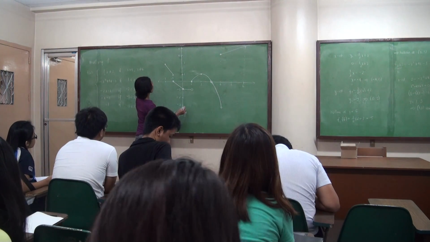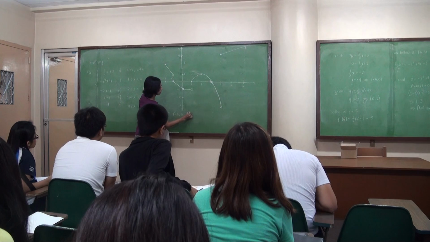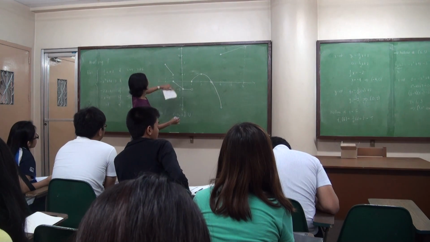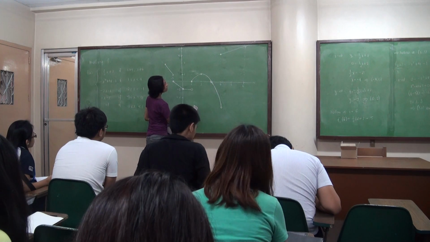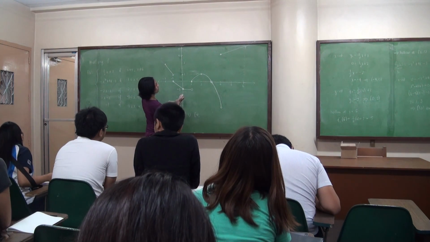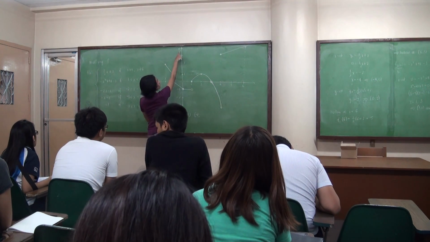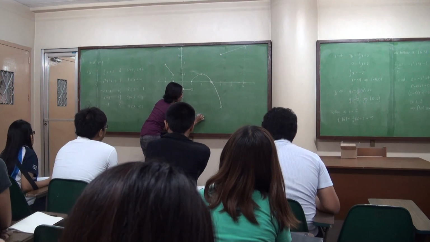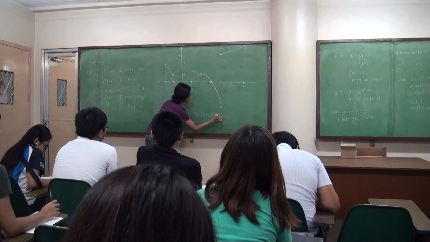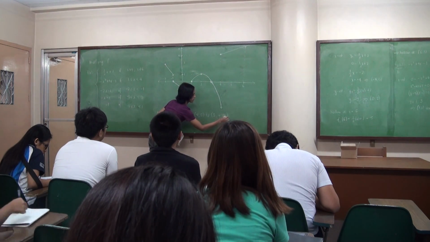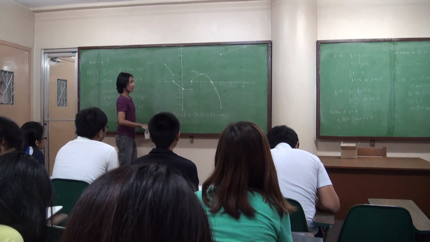Tapos, union. Saan tayo magsisimula? Sa 4 na. 4 included na. 4 mula to 5. Yung 5 hindi kasama. Tapos union, 5 papunta sa positive. Okay?